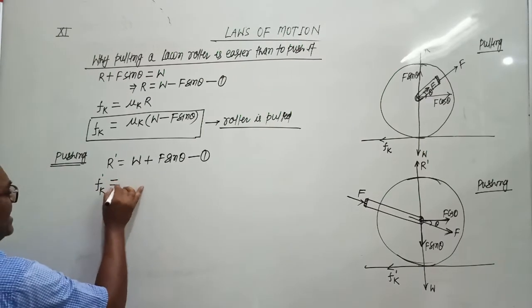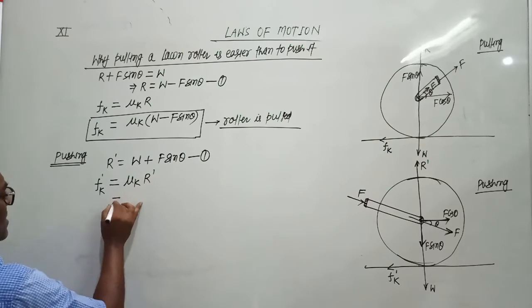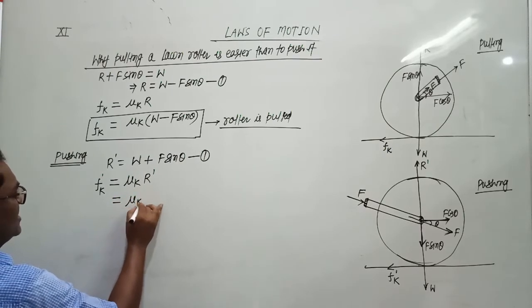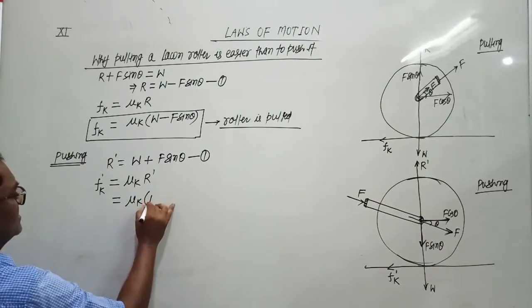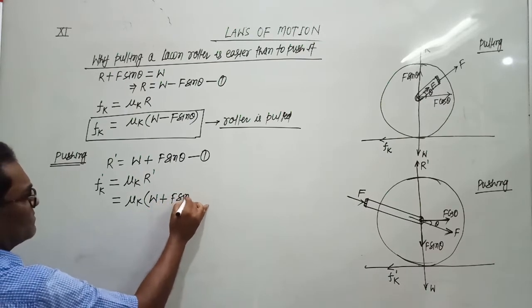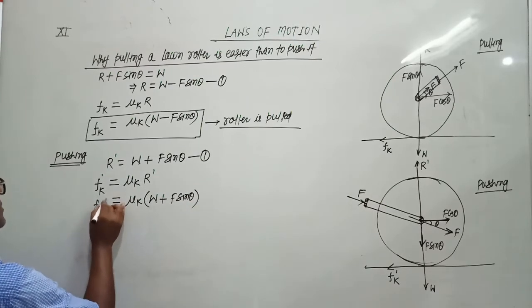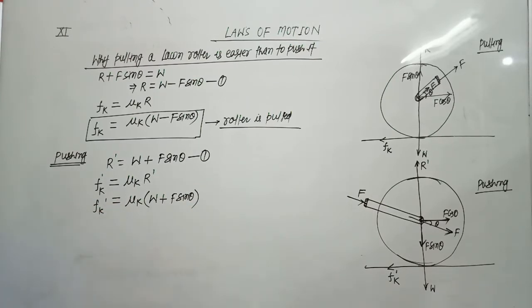So Fk dash equals mu k into R dash, and the value of R dash is W plus F sin theta. So Fk dash equals mu k into W plus F sin theta.